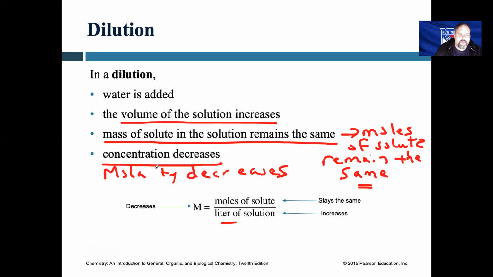So if you add water, the moles of solute stay the same, the volume of the solution increases, and the molarity gets smaller. That's why when you add water, you take a higher molar solution and convert it into a lower molar solution, and that process is known as dilution. Dilutions are done just by adding water. Usually you don't go from a lower molar to a higher molar solution; usually what's done is going from a higher molar solution to a lower molar solution.